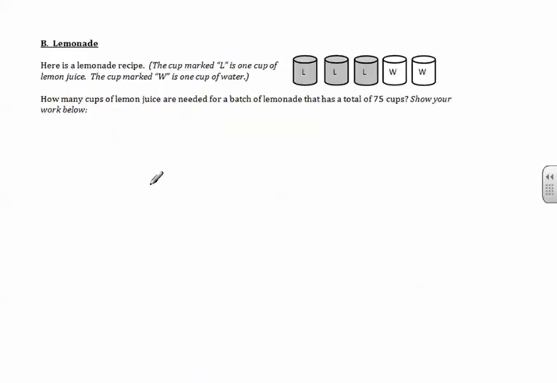All right, so here's a lemonade recipe. Let's read my question here. It says, here's a lemonade recipe. The cups marked L are lemon juice, and then this is water. How many cups of lemon juice are needed for a batch of lemonade with a total of 75 cups? So let's set up my chart, okay?